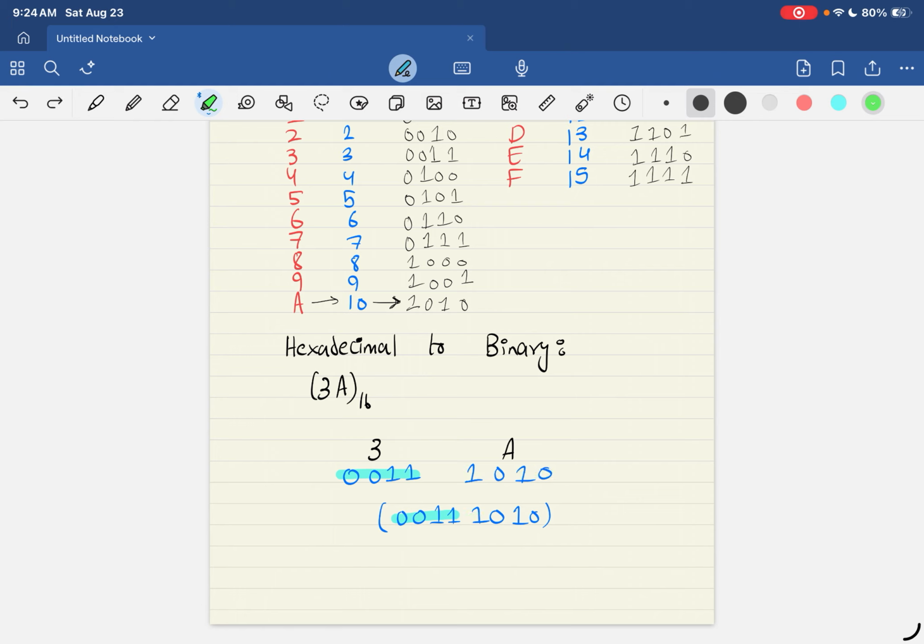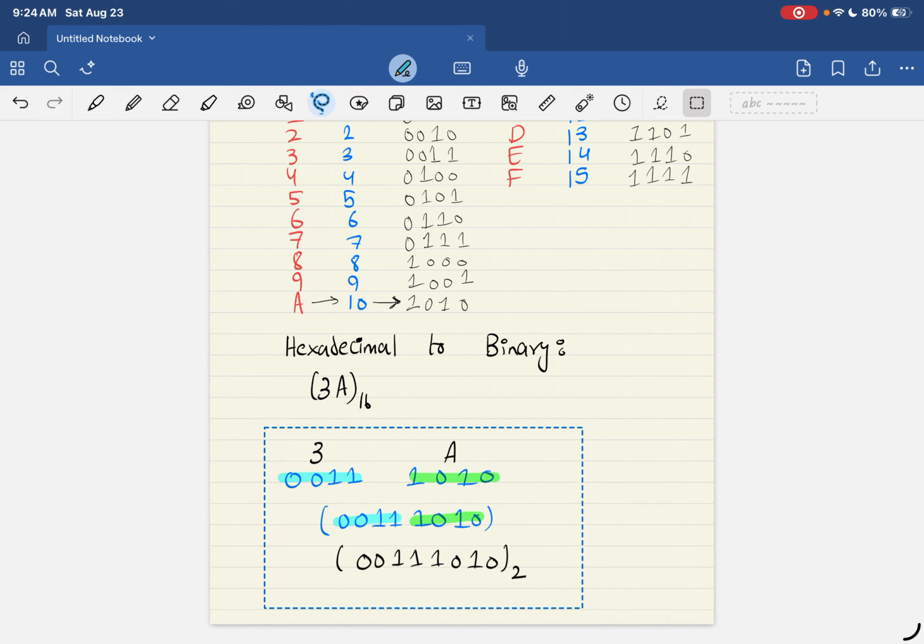Okay, I have written them down together, right? I'll just leave this over here. And so yeah, that's going to be the final answer: 0 0 1 1 1 0 1 0, and then write down the 2 in the base.